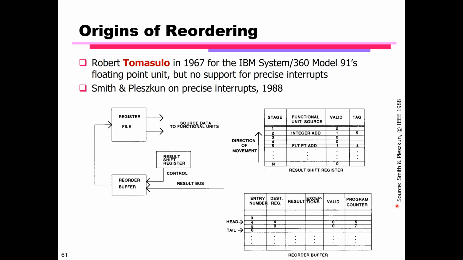There is a paper by Smith and Pleszkun on precise interrupts, and this is the paper that introduced the reorder buffer. They explored several solutions to achieve precise interrupts in the context of an out-of-order machine. Maybe it's interesting for you to go and see what these different solutions are.